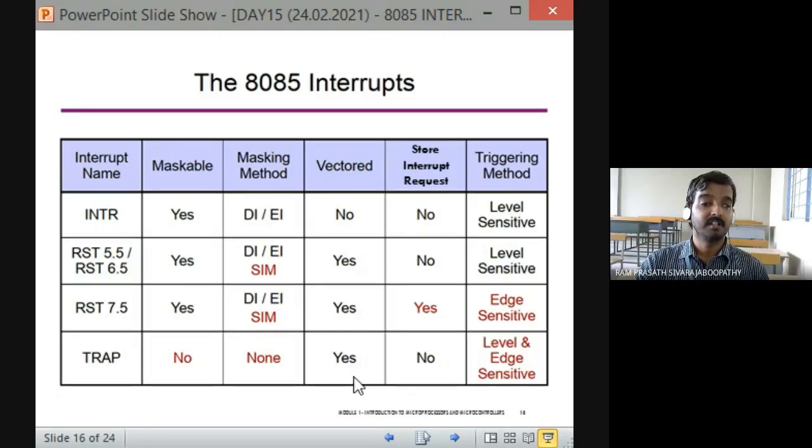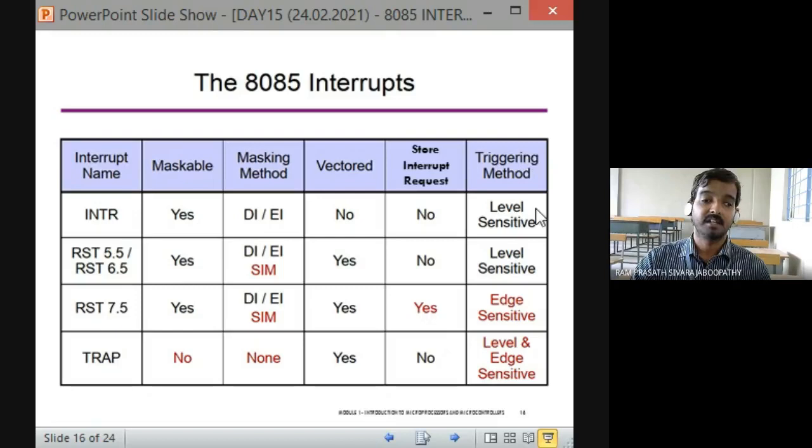Okay. Fine. In the case of interrupt request storage, only RST 7.5 has the flip-flop, so it has the property of storing the interrupt. What about the others? They do not store the interrupt request. Interrupt request is stored only in the case of RST 7.5.